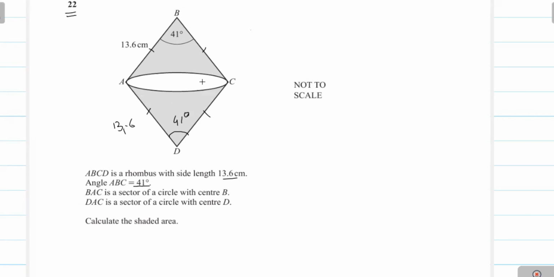minus the area of the segments. This is segment S2 and this is segment S1, minus the area of both segments S1 plus S2. You see here both segment areas are equal. We can write minus 2S. S1 plus S2, where S1 equals S2. Therefore, we write it equal to S. Therefore, 2S.